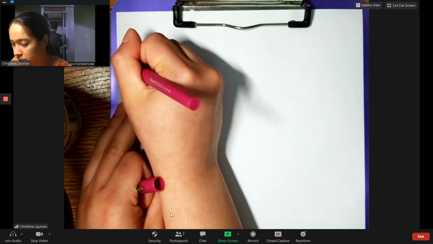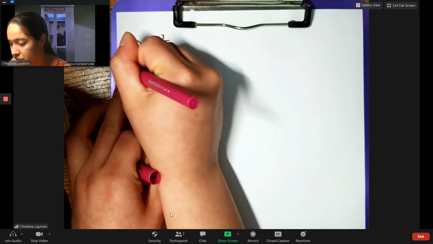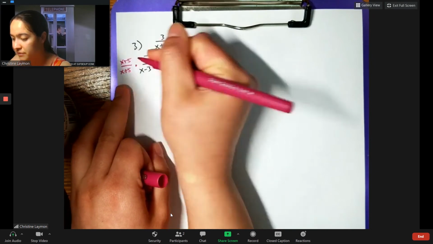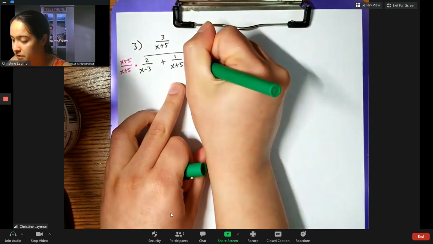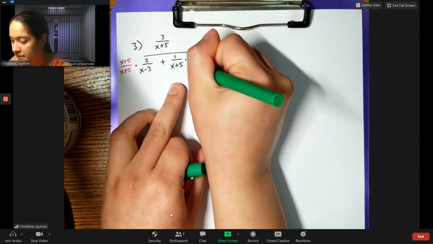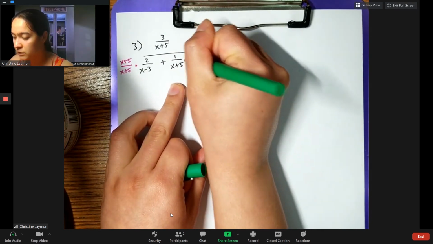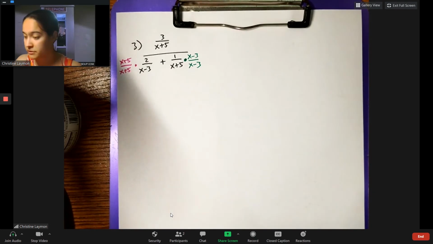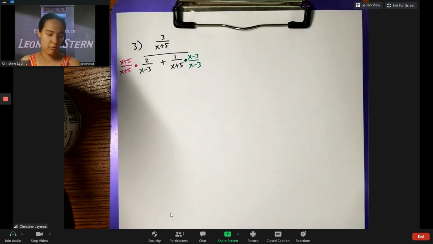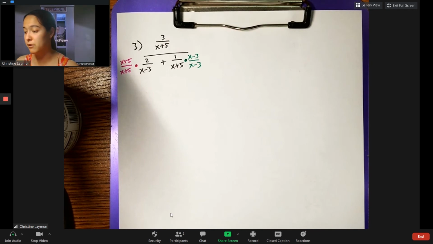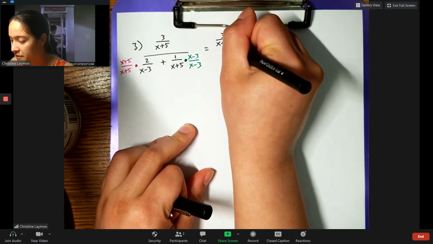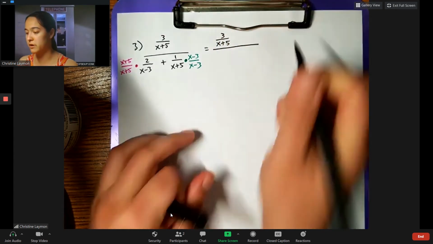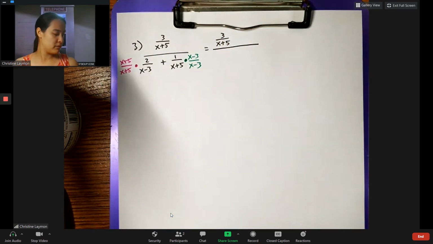So over here, I'm going to do (x plus 5) over (x plus 5). And on the other side, I'm going to do (x minus 3) over (x minus 3). So big multiplication there and on that other side. All right, let's go ahead and write out what we have now. So I have 3 over (x plus 5), big fraction bar. And over here, notice that we will have to distribute, okay?